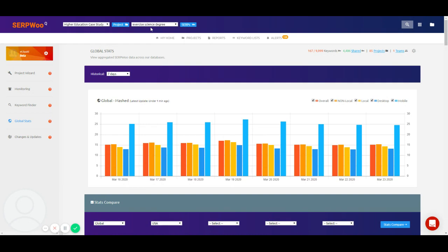And let's find out if exercise science degree was impacted by this March 19th volatility, because some keywords could be impacted, some keywords could not. Everything's different per SERP. This is why we built SERPWoo, so you could see what's working and what's changed per SERP without having to take generic vanilla information. So let's go ahead and look at this keyword.